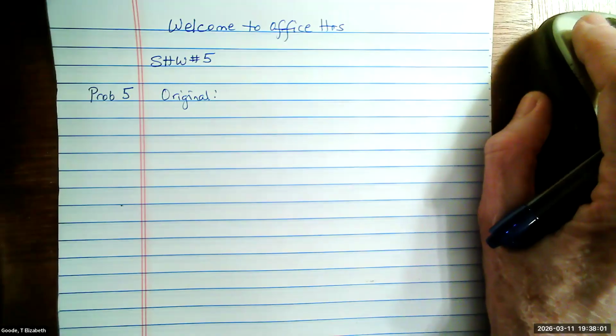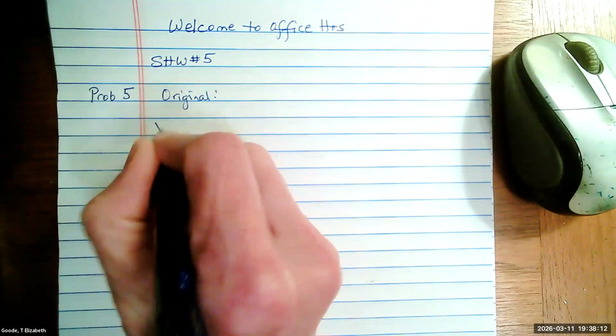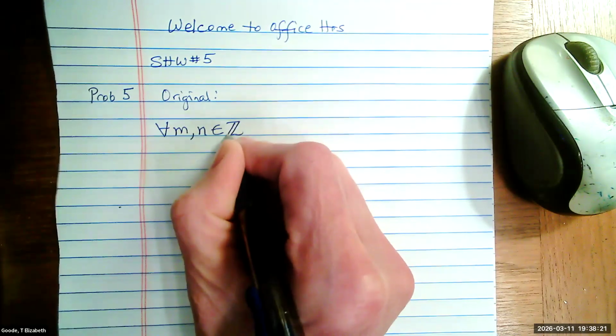The original statement is: for all m, n in Z, the integers, if mn is a perfect square, then m and n are perfect squares.